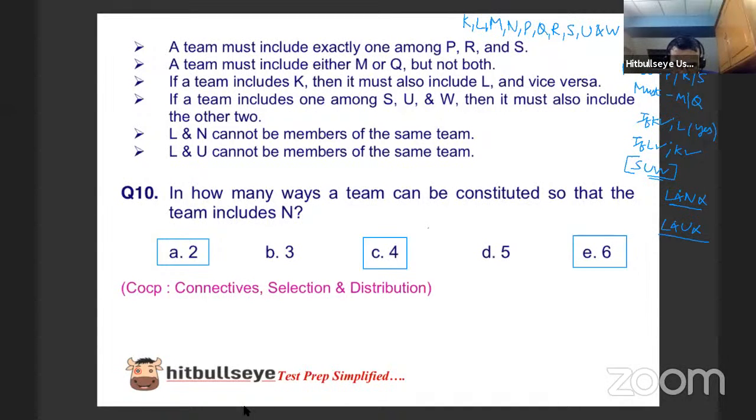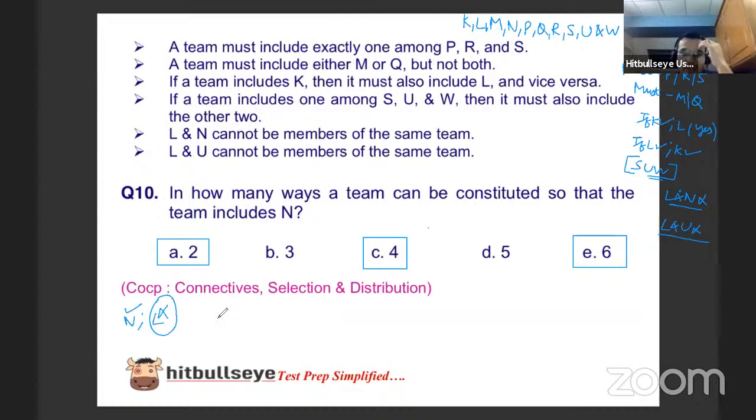Okay, let's solve it. How many ways can a team be constituted so that the team includes N? So N will always be there, right? And what is the condition for N? L and N cannot be members together. So if N is there, L cannot come. We have to just make sure that L is not coming, right? So now if N is going to come, we have to look at whether U is coming or not.